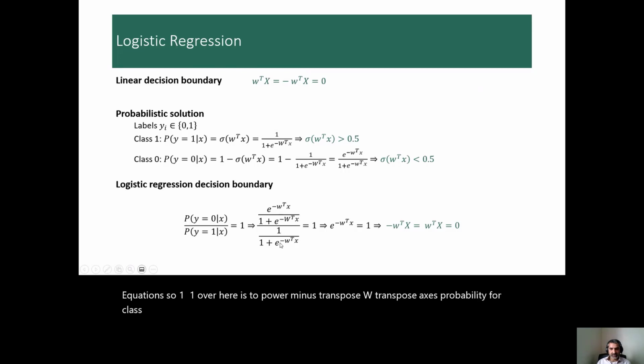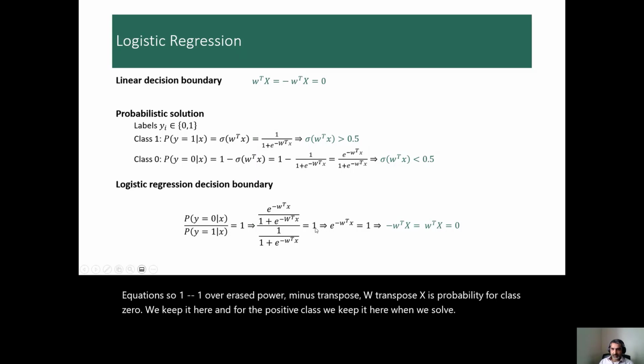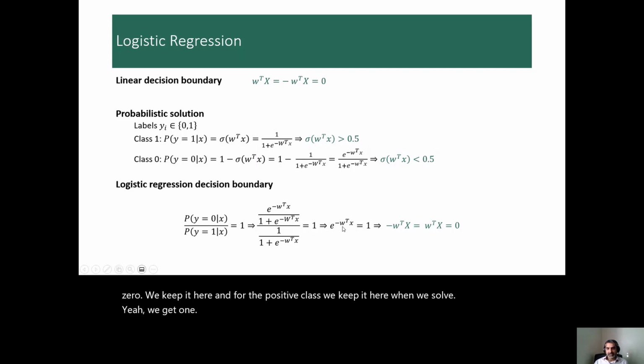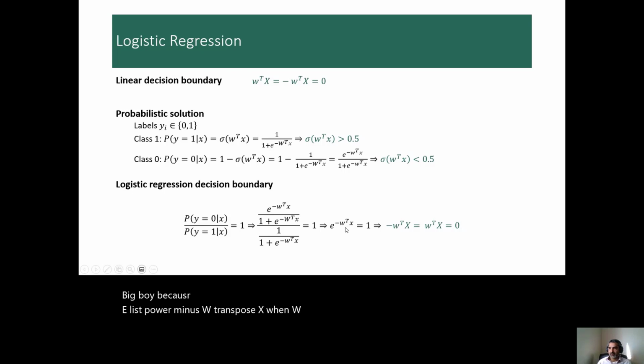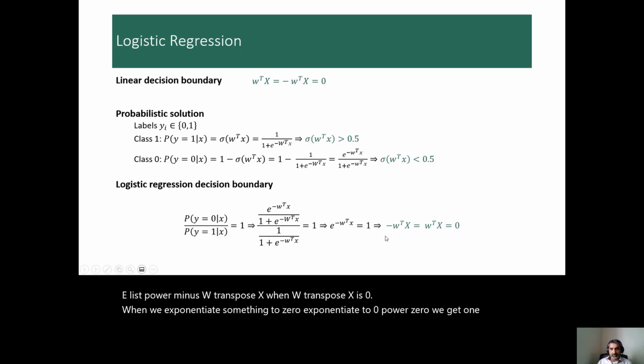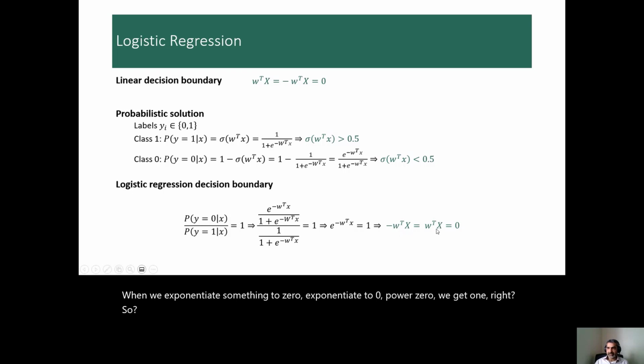We keep it here, and for the positive class, we keep it here. When we solve, we get 1. Why? Because e raised to power minus w transpose x, when w transpose x is 0, when we exponentiate something to power 0, we get 1, right? So things are perfectly connected now.